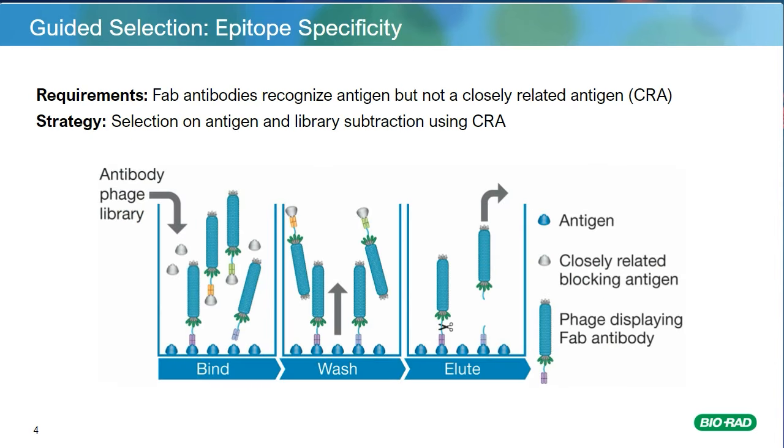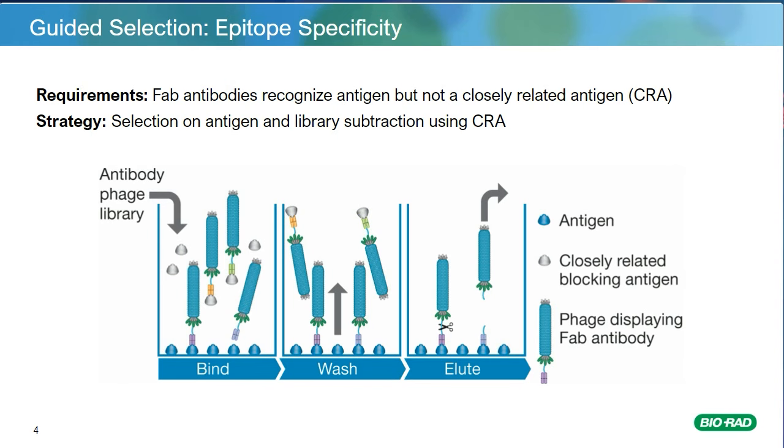It's within this panning process that we're really able to build in a level of sophistication and guide the selection to ensure that antibodies are generated which meet the customer's specificity requirements. In this example here, we're aiming to generate Fab antibodies that recognize an antigen but not a closely related antigen, or a CRA.